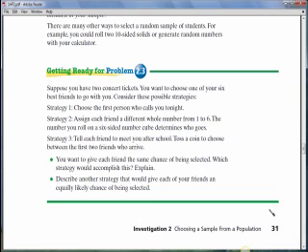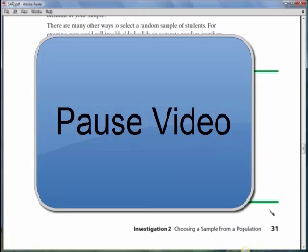Toss a coin to choose between the first 2 friends who arrive. You want to give each friend the same chance of being selected. Which strategy would accomplish this? Explain. Describe another strategy that would give each of your friends an equally likely chance of being selected. So why don't you talk to your partner, pause the video, and answer those 2 questions about those 3 strategies.